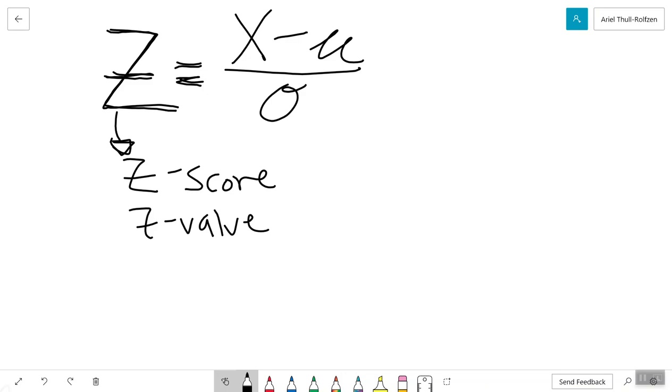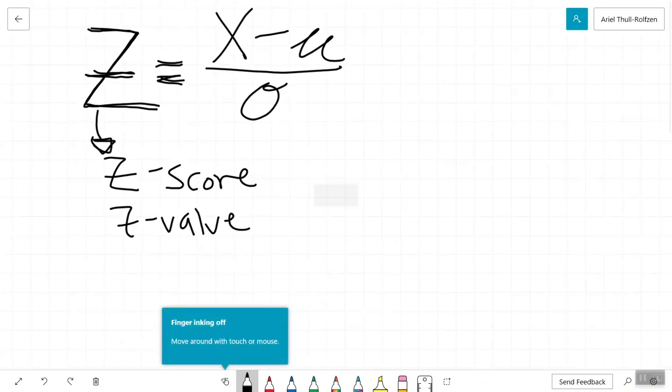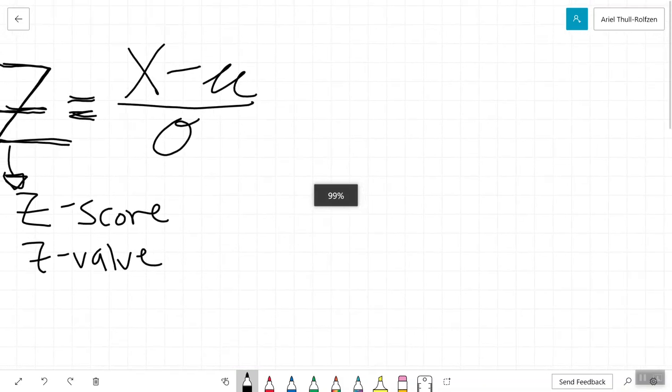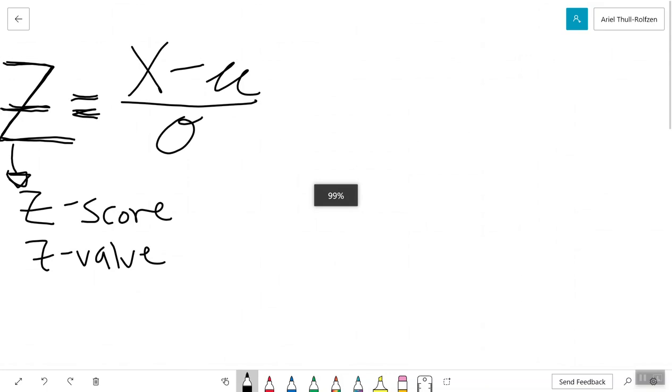So if you want to go to page 523 with me, what you're going to see, and I'm going to do my best to draw a couple of columns, because we're going to learn a little bit about how to use the table before we do a problem.